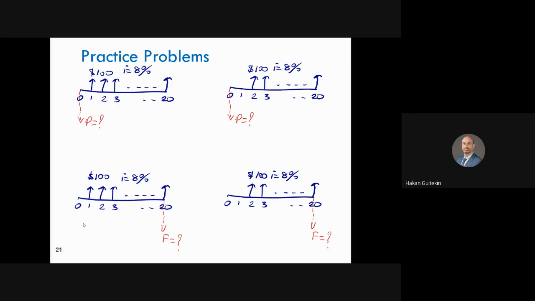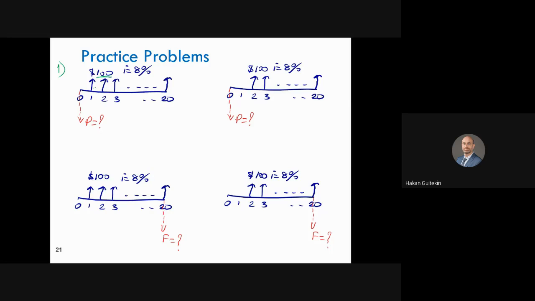Now, I'm going to solve a few examples to illustrate different situations regarding this uniform payment series. Okay, so let's have a look at this first example. We are given a uniform payment series of $100.